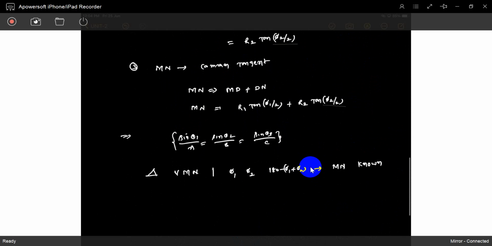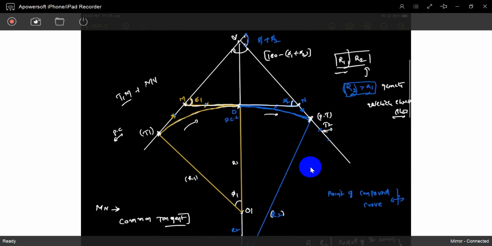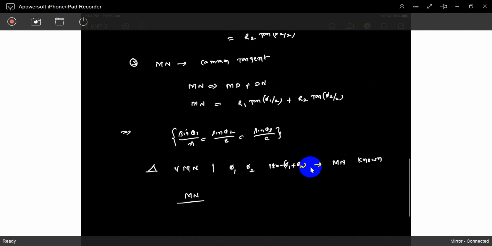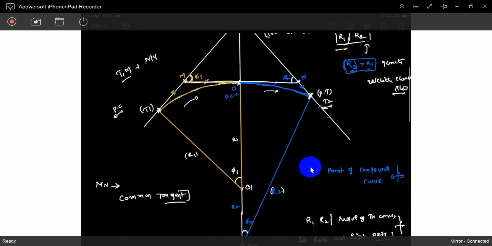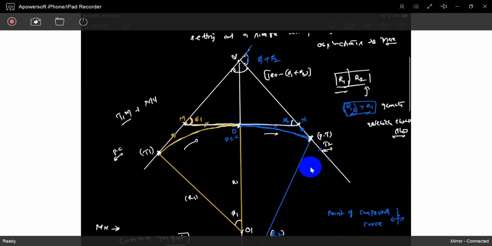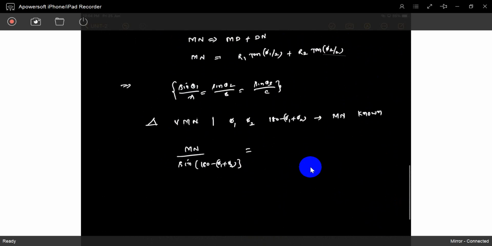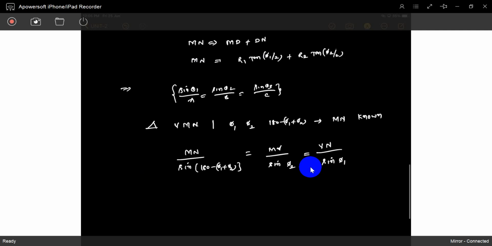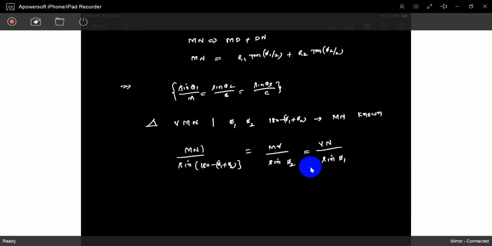So for the remaining quantities you can set: mn divided by sine of 180 minus theta 1 plus theta 2, equals mv divided by sine theta 2, and also vn divided by sine theta 1. We already know the mn value.